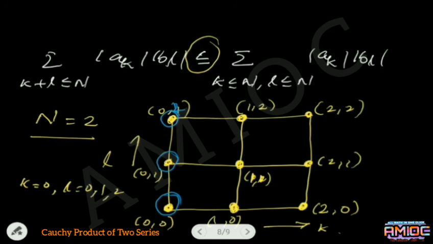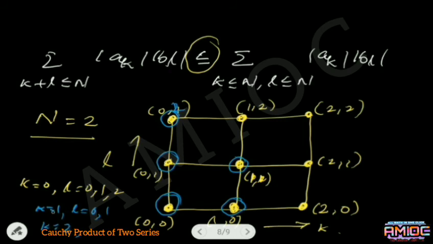Now if we choose k equal to 1, what are the possibilities for L? L can be 0 or 1. It is not equal to 2. Therefore, k equal to 1, L equal to 0 represents this point. K equal to 1, L equal to 1 represents this point. Now, the other choice is k equal to 2.